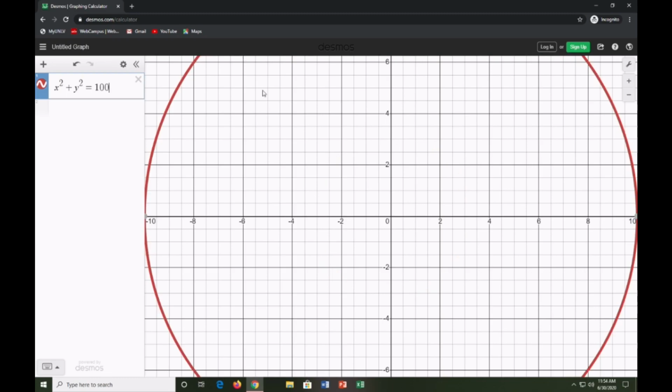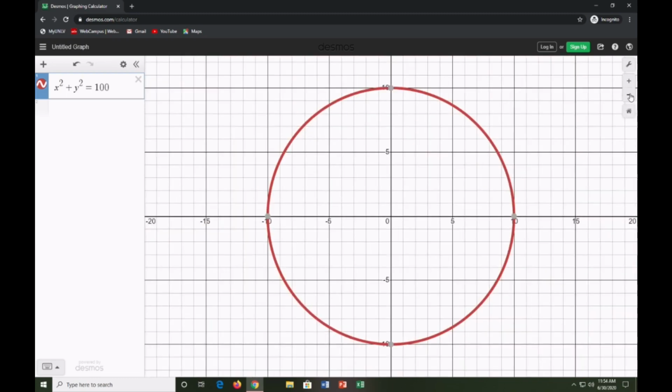I need to zoom out because this is a circle of radius 10, as you can see. What you see on the screen is a plot of, look at the left side of your screen, left side at the top. That's the equation that plots into that. So this is a circle of radius 10 centered at the origin.